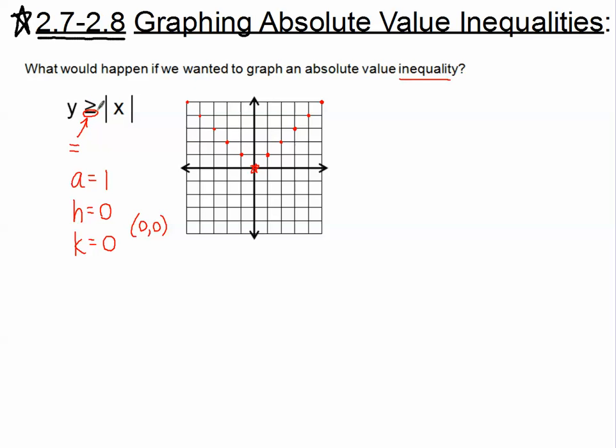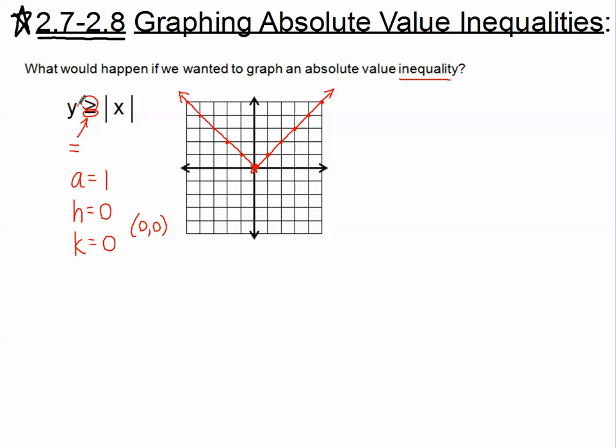Since we do have equal to, I know that I can put a nice solid line for this absolute value. Because if it were y equals the absolute value of x, then we'd actually be finished right now. But we also have one other thing going on, and that's the greater than symbol.